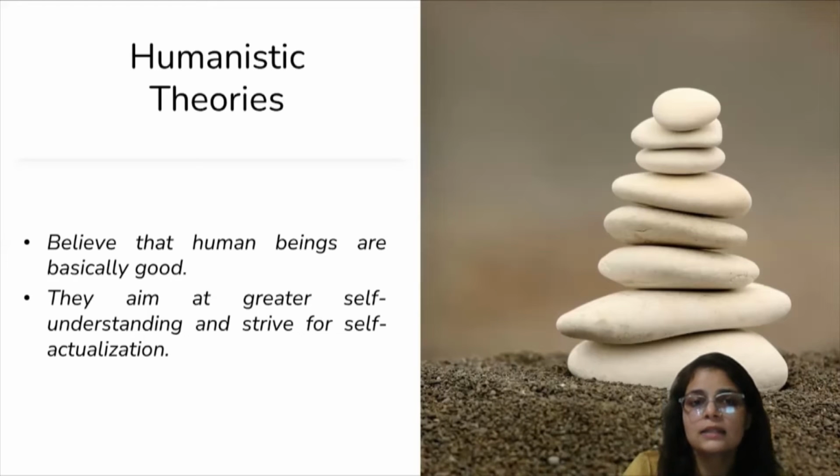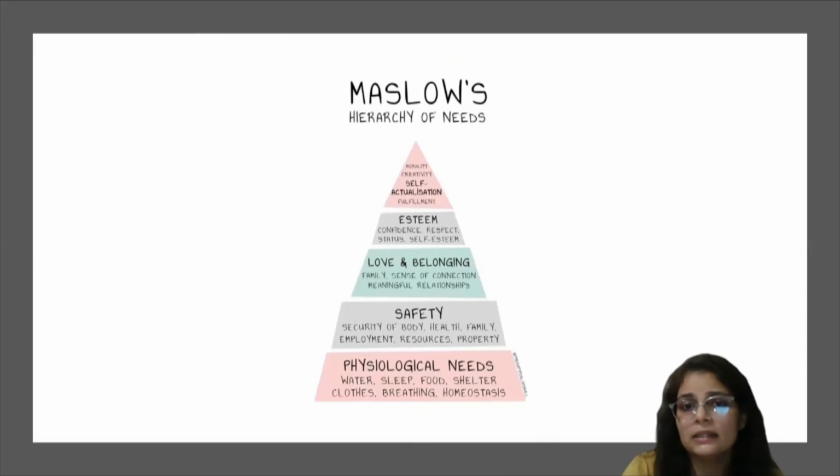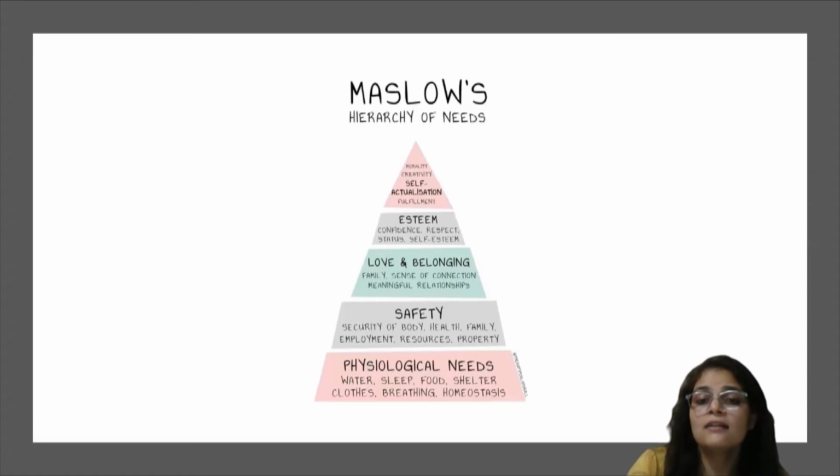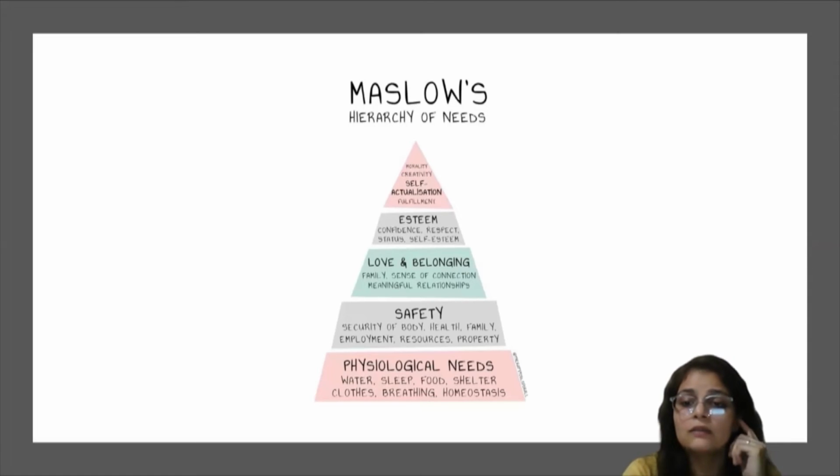A famous humanistic theory is Maslow's hierarchy of needs, in which self-actualization is the main motive of each and every individual. It starts from fulfilling very basic needs, and proceeding to further psychological needs, and ultimately reaching self-actualization, which is fulfillment of one's destiny and fulfillment of one's potential.